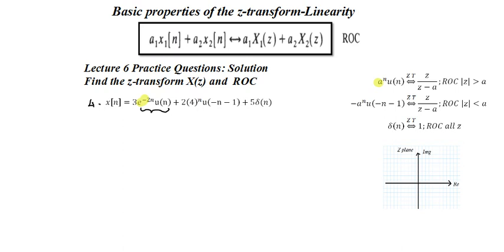In place of a it is written e raised to minus 2. So you can write the Z transform like this. Z by Z minus, in place of a it is e raised to minus 2, and the ROC is modulus of Z greater than e raised to minus 2. Only thing, in place of a it is given e raised to minus 2. So simply you need to write e raised to minus 2.